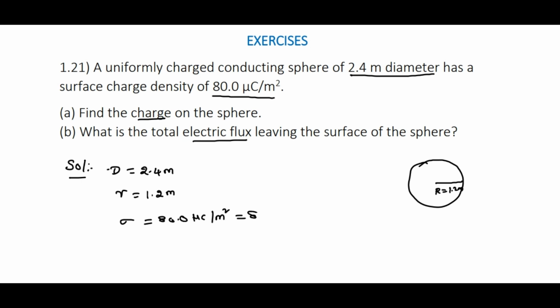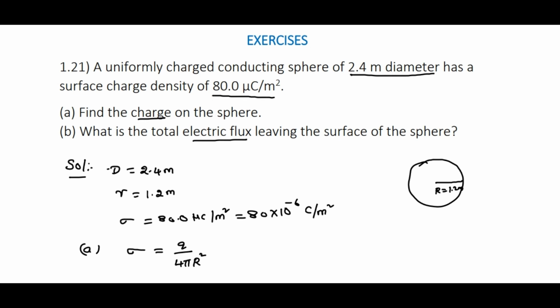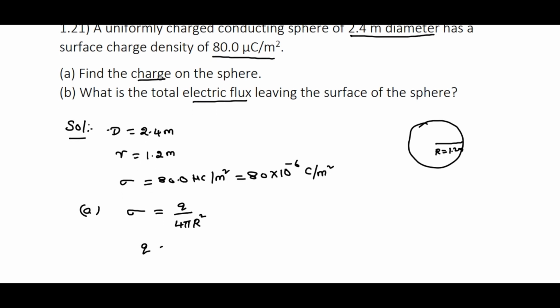We can write it is 80 into 10 power minus 6 coulomb per meter square. Now coming to charge on the sphere, we have the surface charge density. So therefore, from the formula of surface charge density, sigma is equal to charge per surface area. Surface area of the sphere is 4 pi r square. So from this, Q is equal to sigma times 4 pi r square.